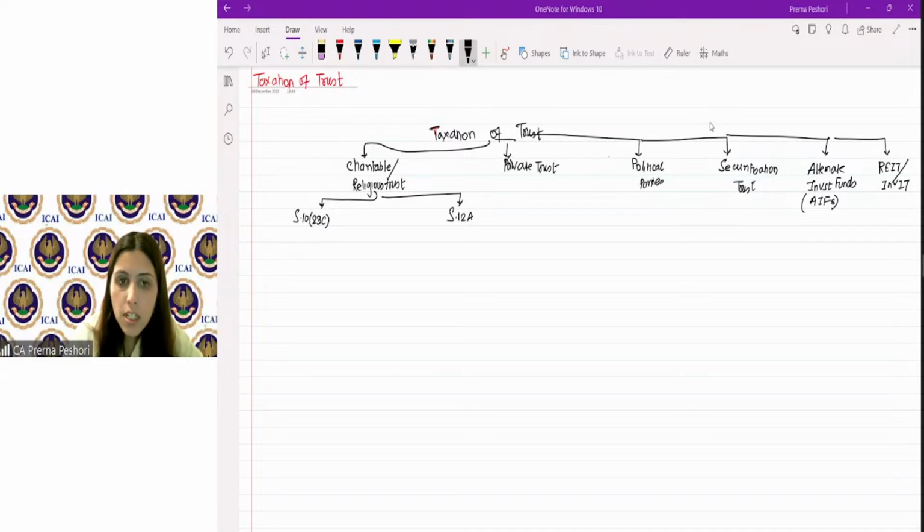Fine. Now the trust, first of all, my question to you, students, is whether trust is a person in the first place. Whether trust is covered under the definition of person. Yes, students. This is a very important topic. A direct question on this can be expected in the examination. Whether the trust is a person in the first place.